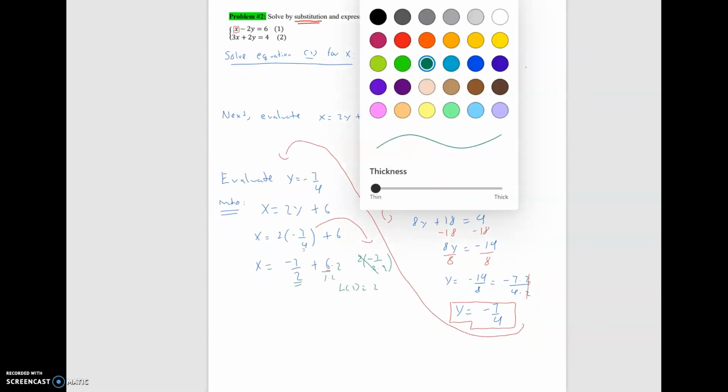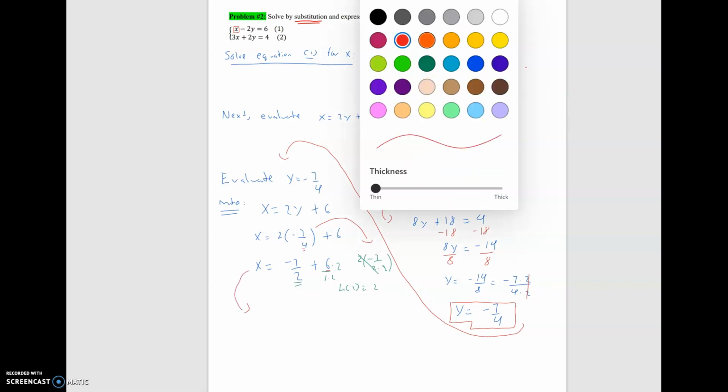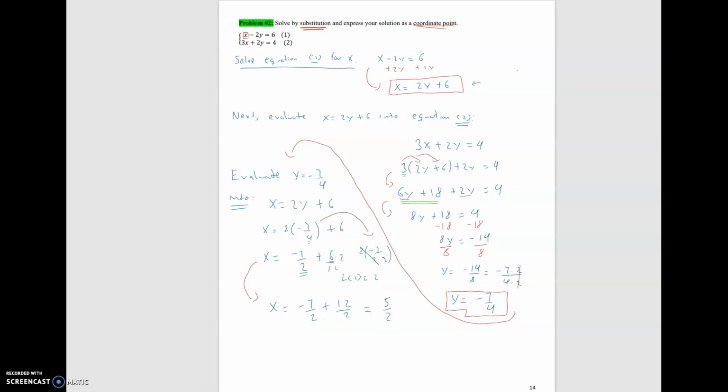And we're going to end up with x is equal to negative 7 halves plus 12 halves, or 5 halves. So in this case, x is equal to five halves.